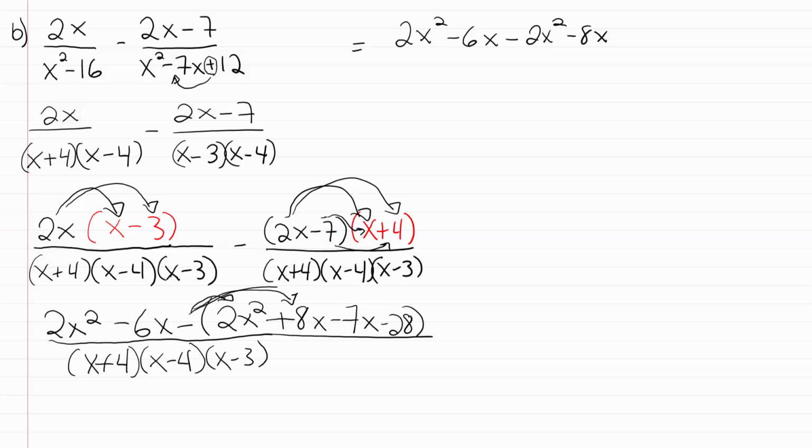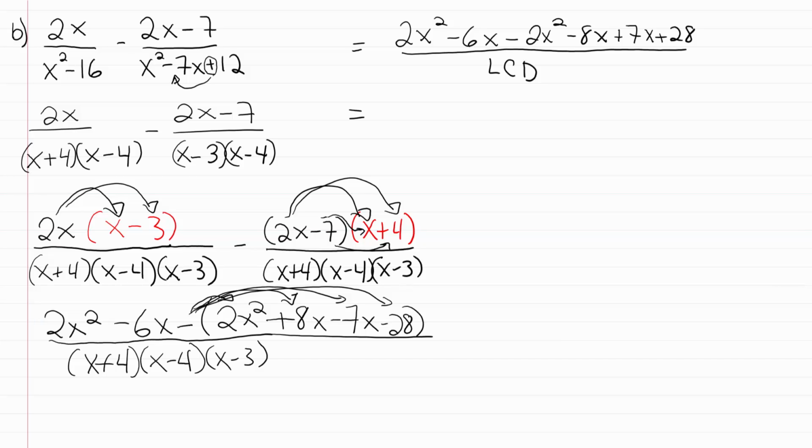A negative times a negative 7x is a plus 7x. And lastly, a negative times a negative 28 is a positive 28. All that over your LCD. Just to be lazy, I'm going to write LCD here so I don't have to keep copying that denominator that's just going to keep carrying on.